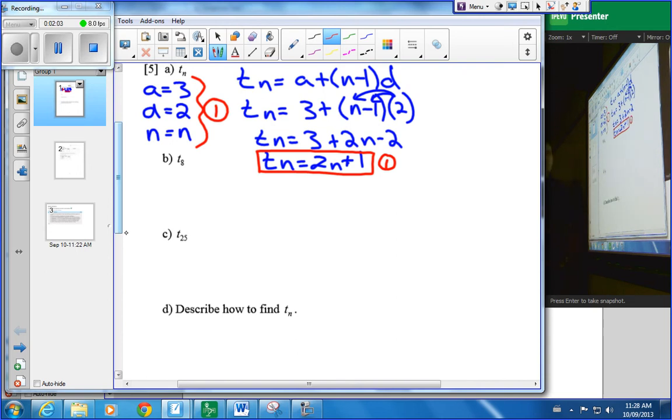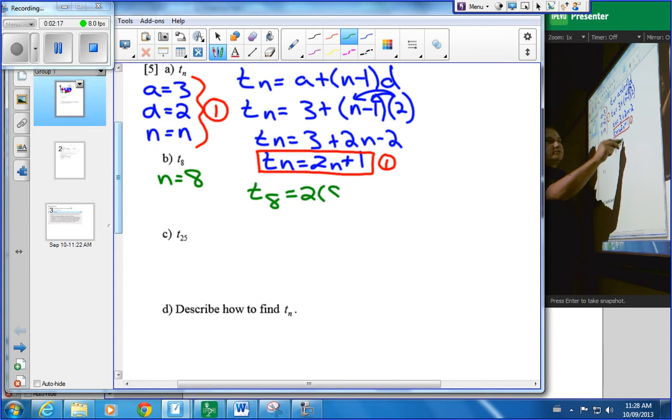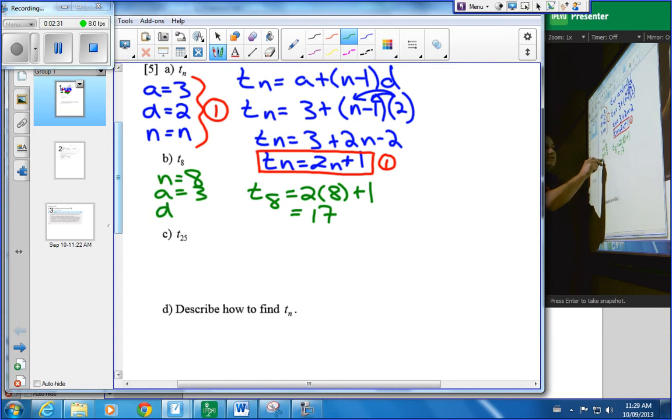So you need to show some kind of work and have the answer in the box there to get 2 out of 2. Now, because we know this and we're not changing the sequence, for T8, all I really need to know is that n is 8. So T8 is equal to 2 times 8 plus 1. That's 16 plus 1, that's 17. Some of you may have thought, well, n is 8, a is 3, d is 2, let's find T8.